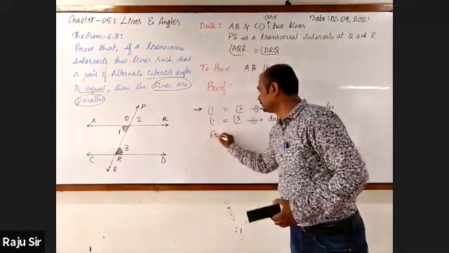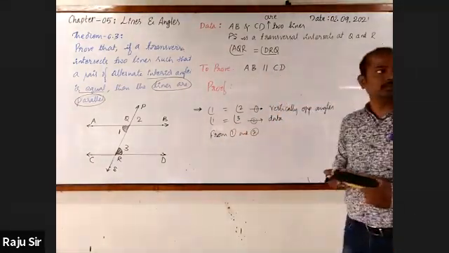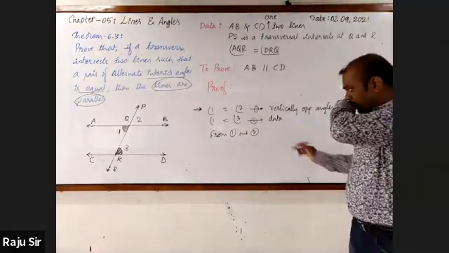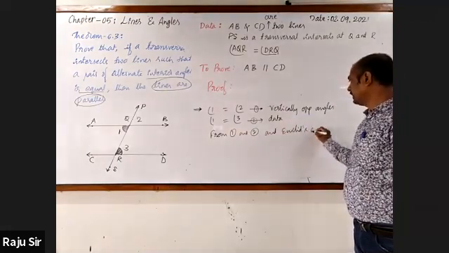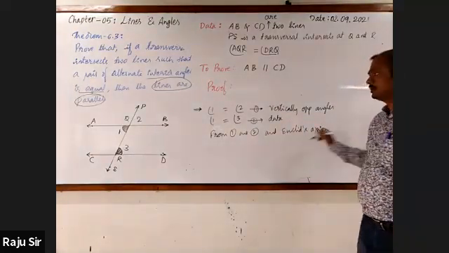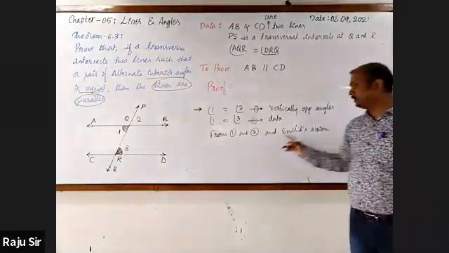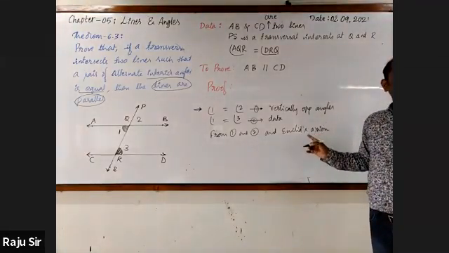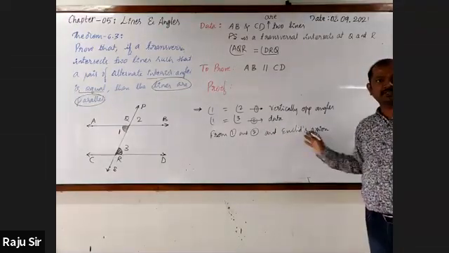From 1 and 2 and Euclid's axiom. Observe. Is it possible to use the conjunction 'and' two times in a sentence?